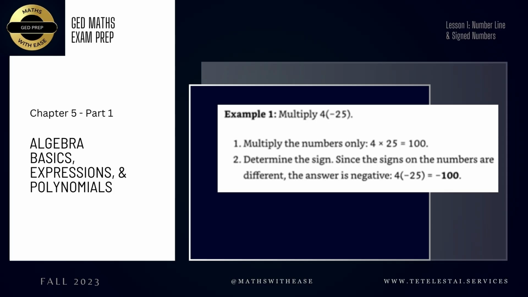I want to make a note here. If you saw a negative operation between this -25, so if you saw 4 minus and then -25, don't multiply, okay? That's telling you to subtract 4 from -25, okay? But they're written close to each other and there's nothing in between them.